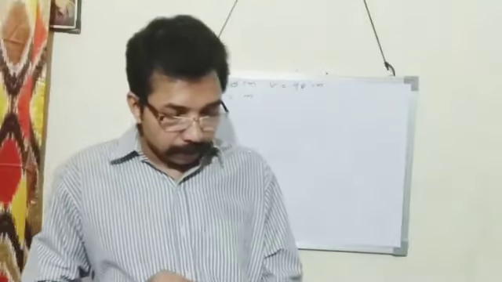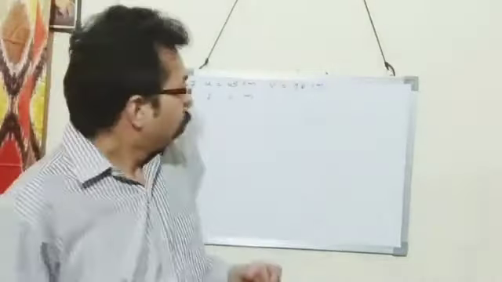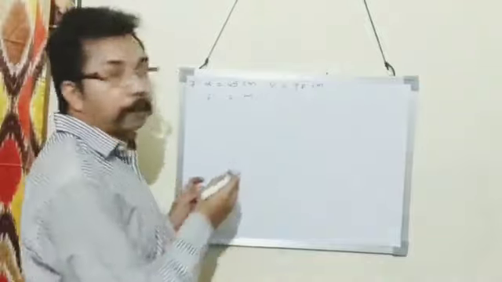So the object distance between object and lens is 45 centimeter, and the image is formed 90 centimeter on the other side, so image distance V is 90 centimeter. The image is formed on the other side, so it is a convex lens. First part answer is convex lens. Then find the focal length and the magnification.